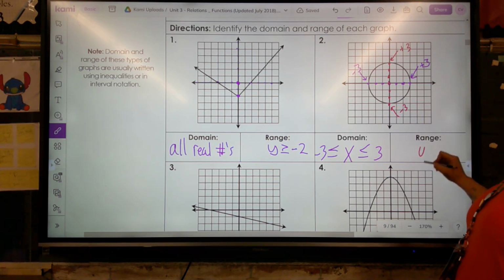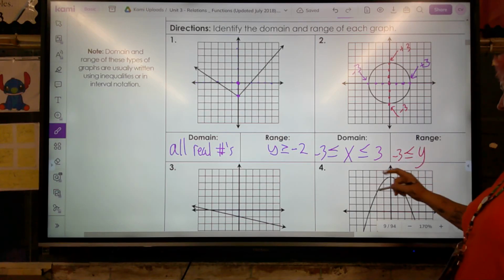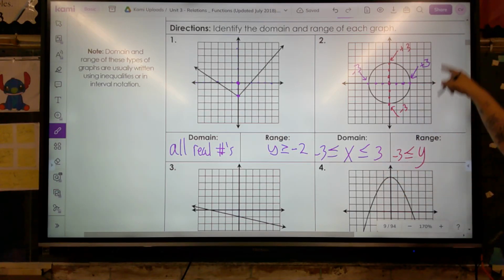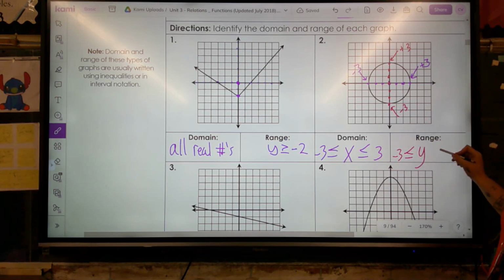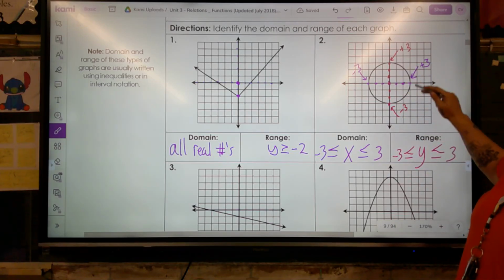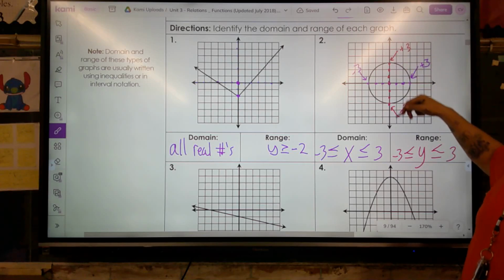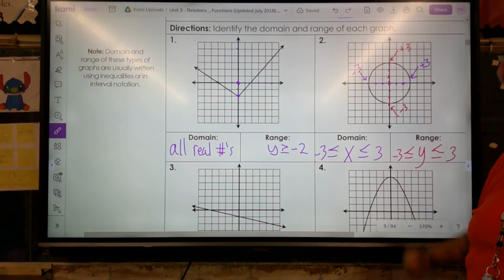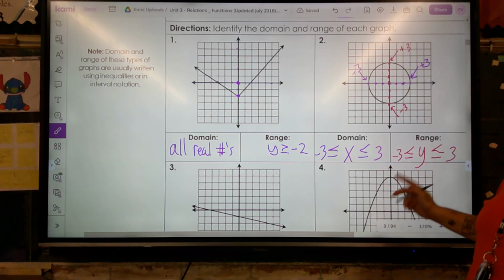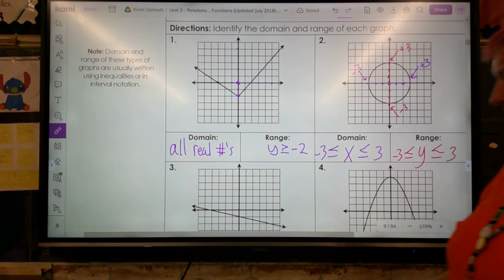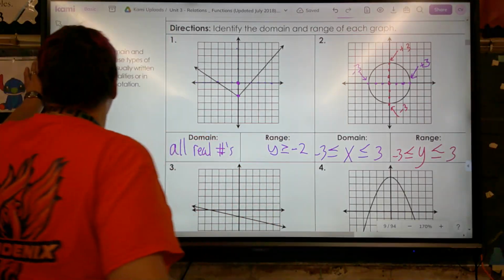So your y has to be greater than or equal to negative 3, same, because it's a circle, right? And it has to be less than or equal to positive 3. Your x's all have to be on this line or inside the circle, and your y's all have to be on this line or inside the circle. Different, I know. Watch it as many times as you need to. Alright?